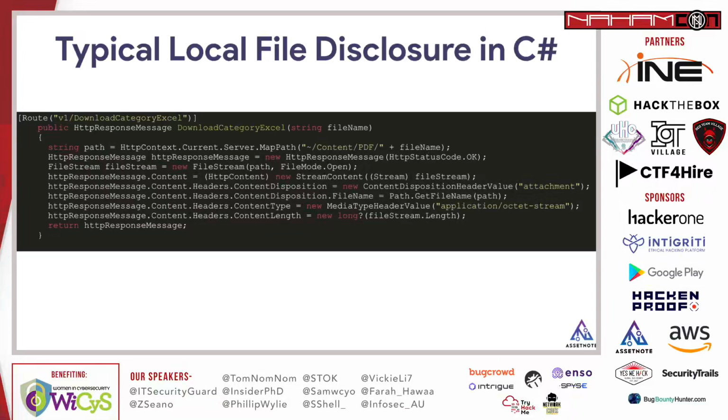So you can exploit this endpoint and provide a file name which traverses back to directories and reads arbitrary files from the document root. So that's essentially this vulnerability here will let you read local files from the system.